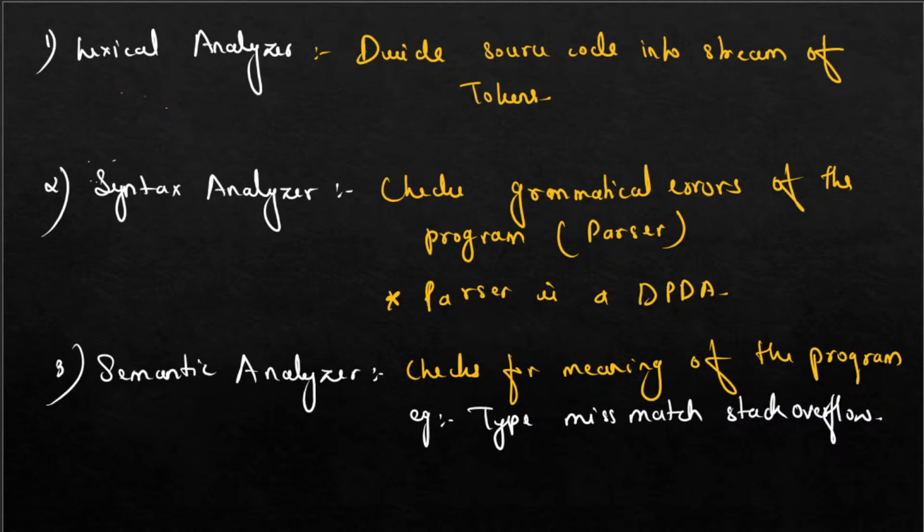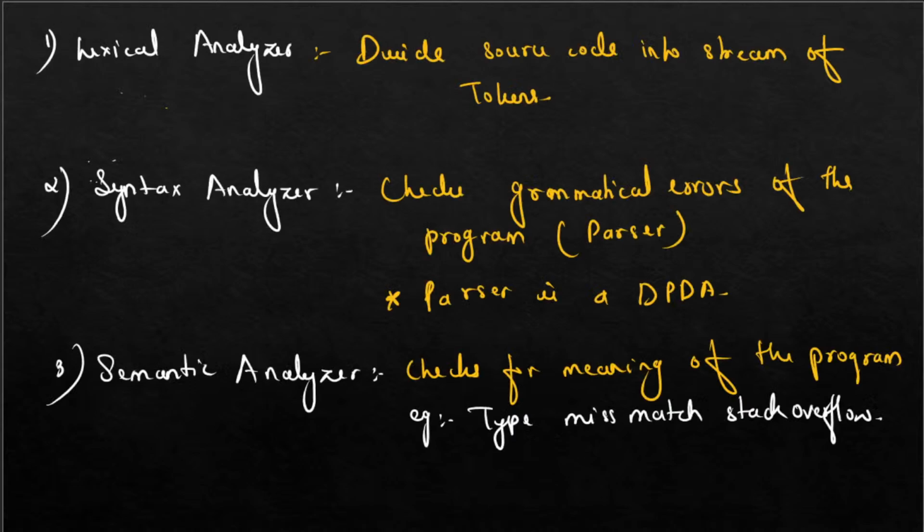Now this is the fourth one, intermediate code generation.